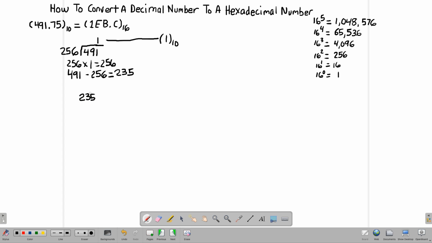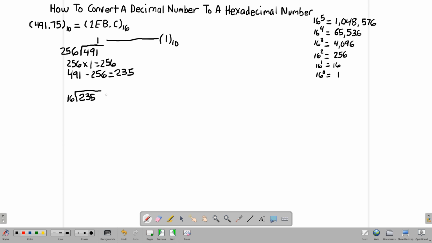And we want to take, once again, the highest multiple of 16 without going over 235. We know that 256 is greater than 235. So we'll take the next available value or multiple below, which would be 16 to the first power, and this produces the value 16. So 16 we will divide into 235. Okay. So 235 divided by 16, it's 14.